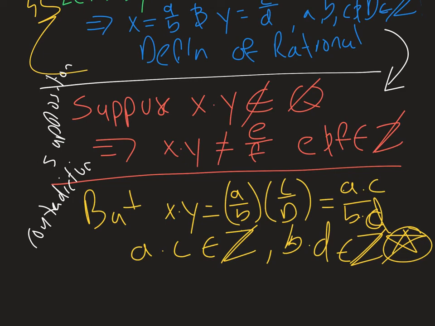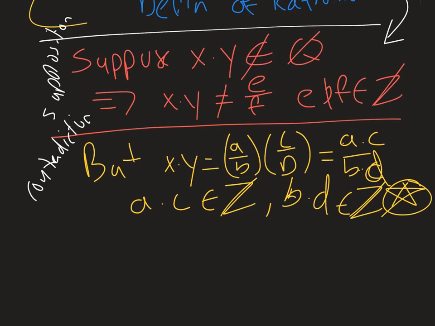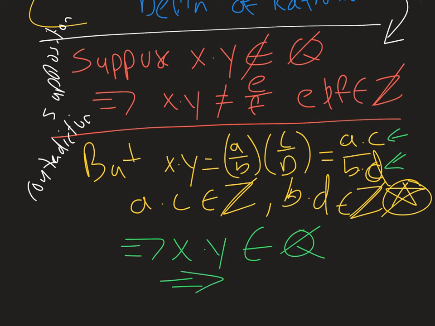So moving forward, since they're both integers in the numerator and denominator, x times y has to be rational, which is a contradiction. When we end a contradiction proof, we have a double implies arrow against each other. That's kind of like the punctuation for it. And this violates my supposition.